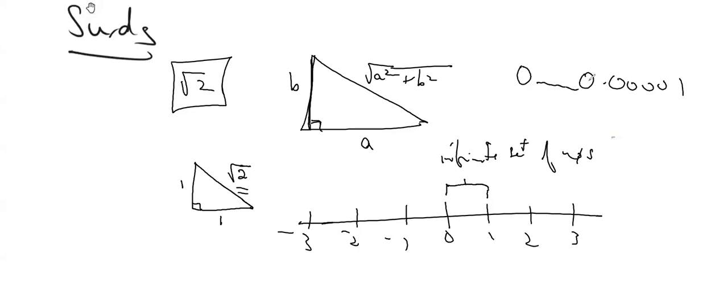Right? So they said, look, the number line is already full, so to speak. Now you are telling us there's a new set of numbers that we've got to fit. You've got to find a place for them on the number line.